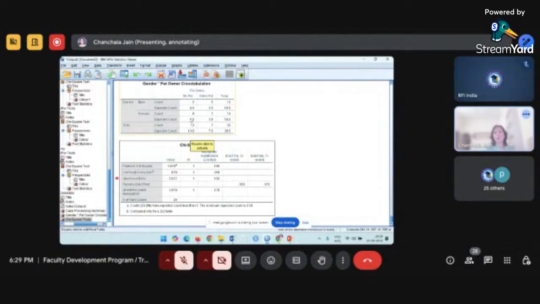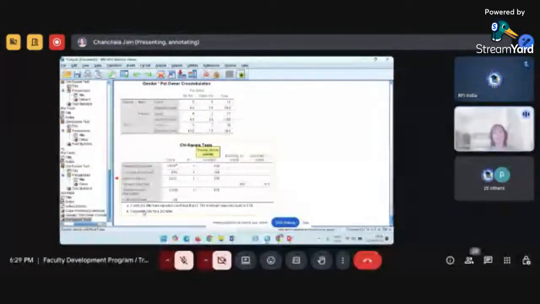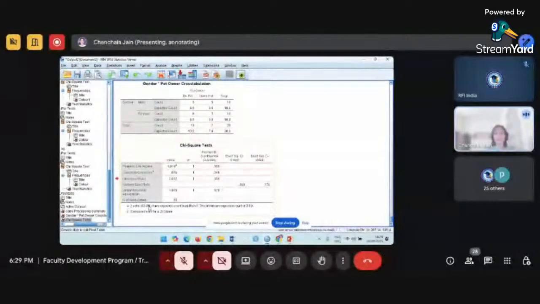So in percent terms, it is 50%, right? So it is violating the assumption, because up to 20% you will be okay with, and you can report the chi-square test. But when this percent exceeds 20%, we should not report the chi-square test. In such a case, the suggested test to report is Fisher's exact test, right?